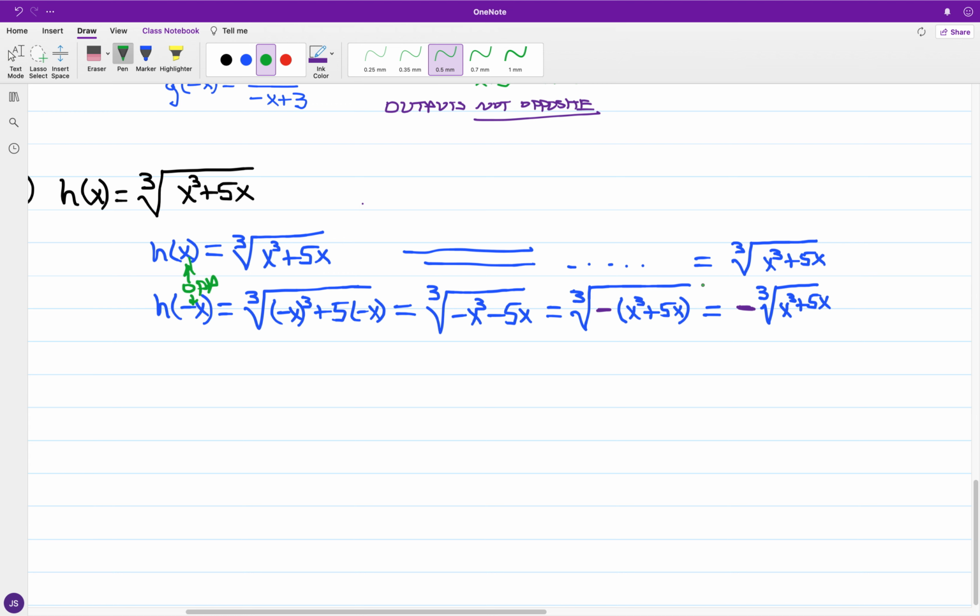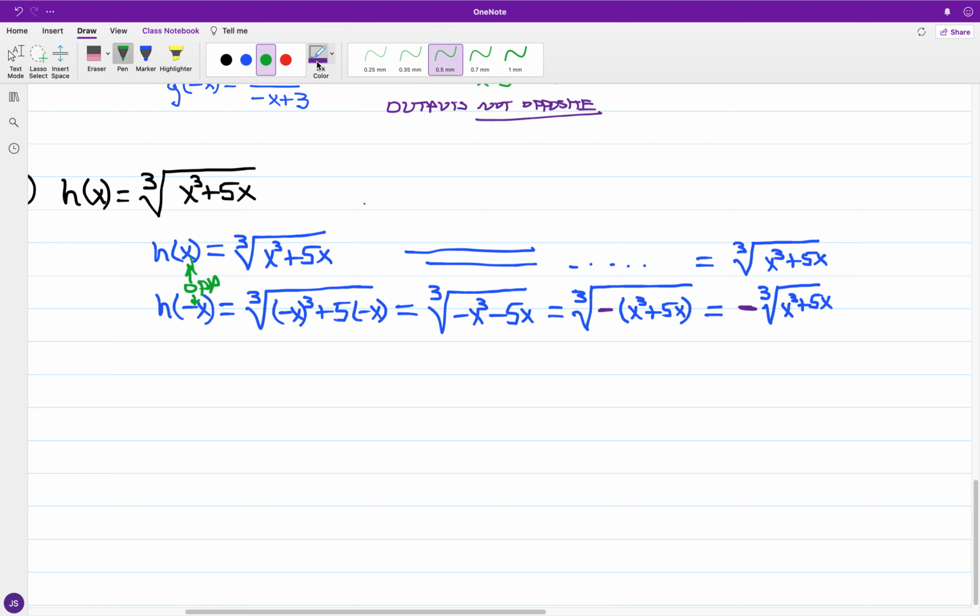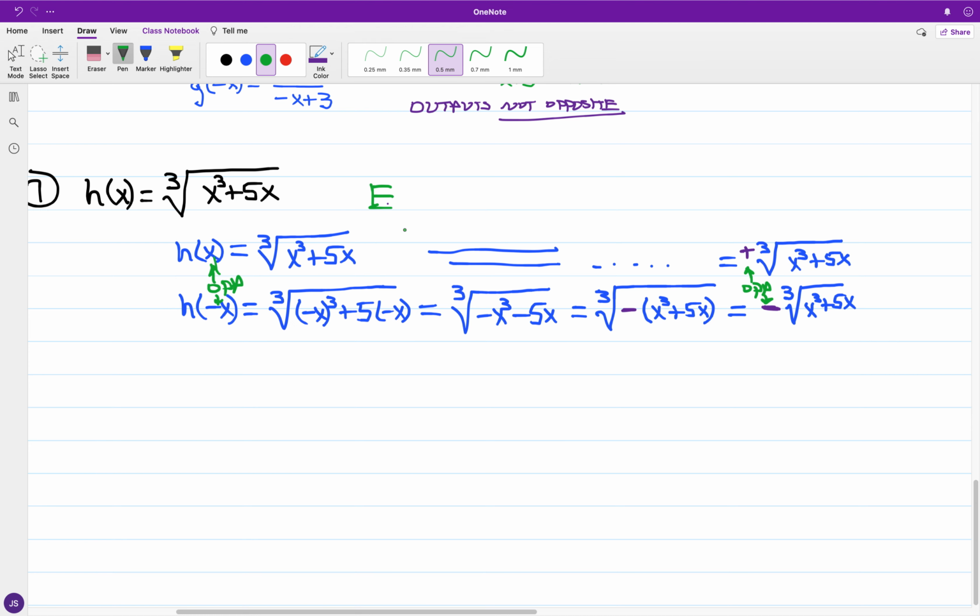And in the case of the outputs, you can look at this as where we have a positive cubic root of x cubed plus 5x, and the other we have a negative. And since we have opposite signs here, for this function h of x equals the cubic root of x cubed plus 5x, the result is not an even function, but an odd function.